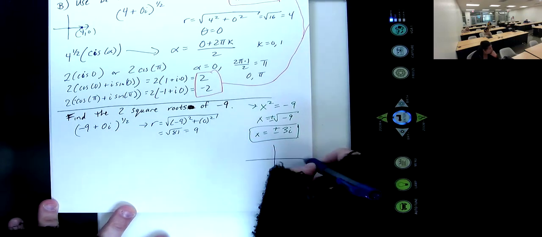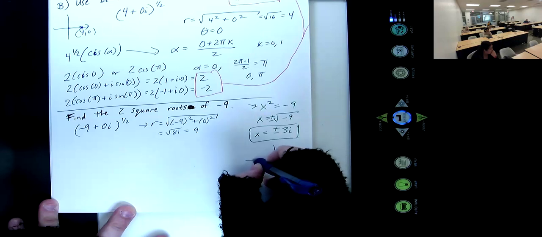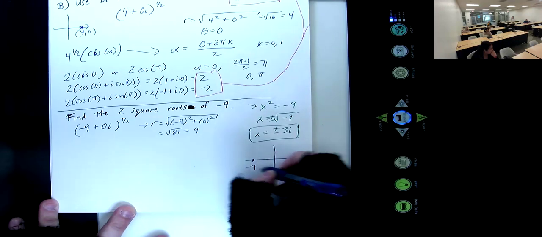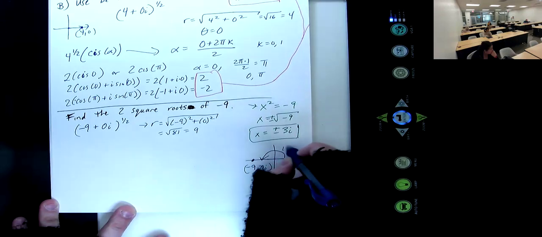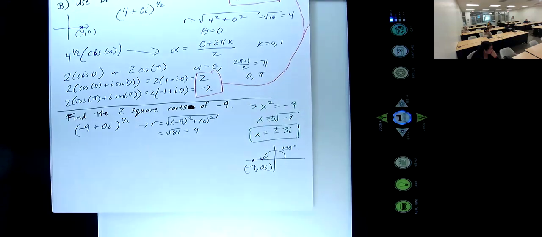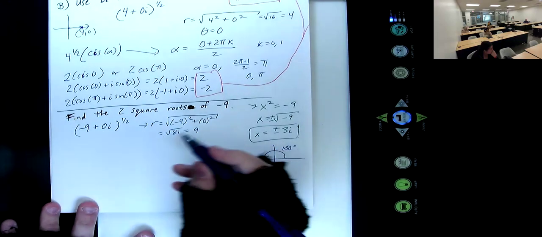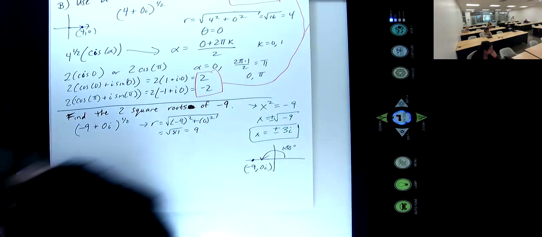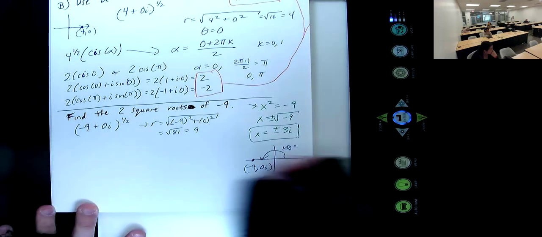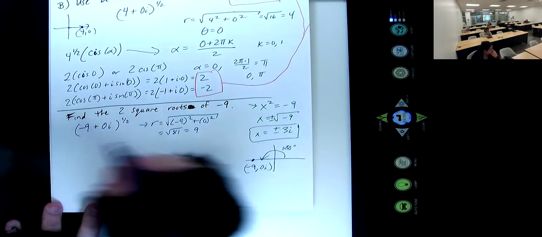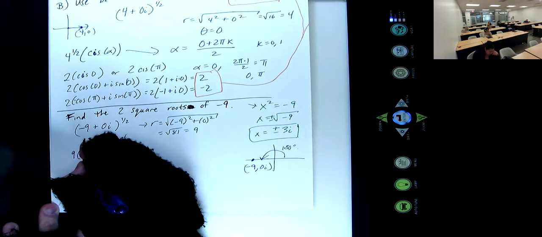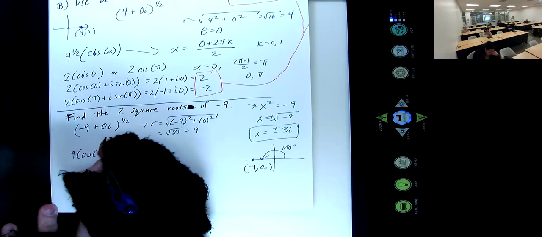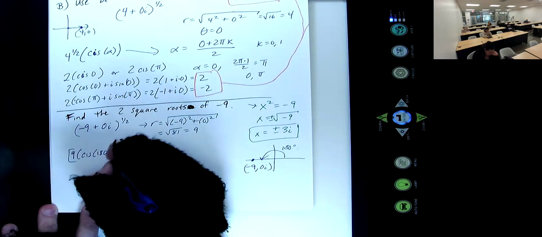Where is -9? -9 is over here, 0i. So we have an angle of 180 degrees. You could have gone with tangent inverse as well. So writing this, we'll do the 180 degrees version here. We have 9 as my r, so we're doing 9 cis 180 to the 1/2.